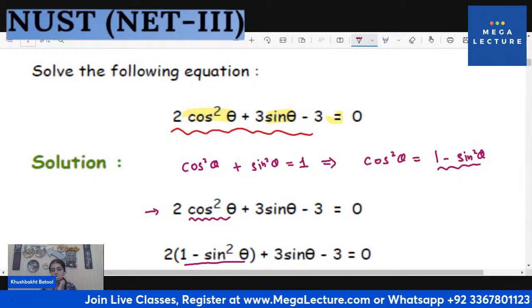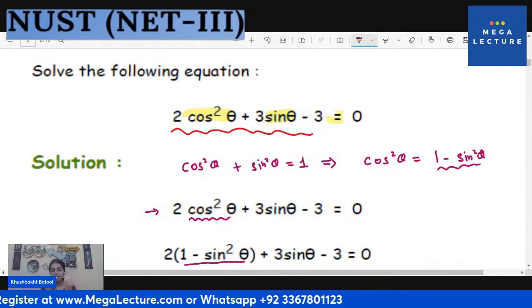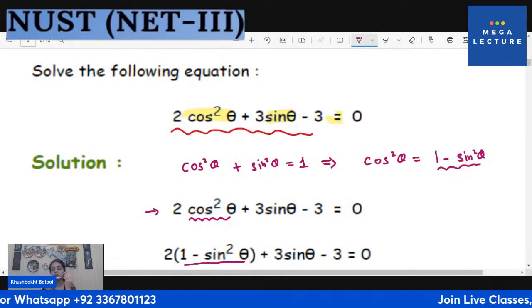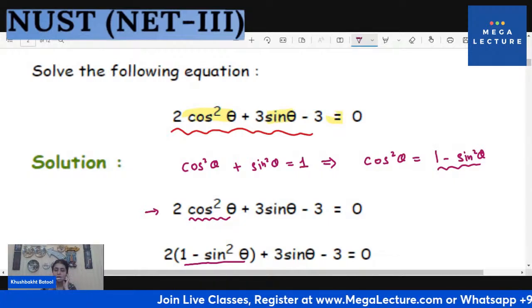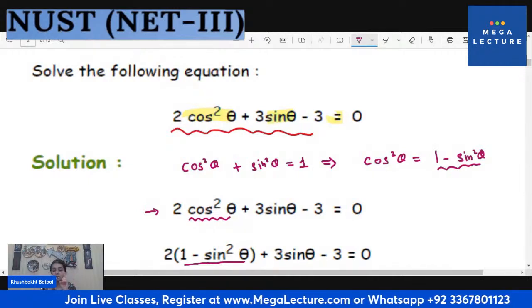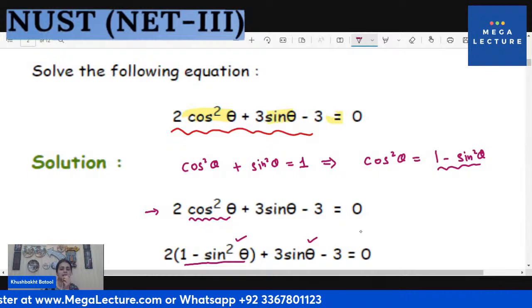You need to make sure that in any trigonometric equation, the trigonometric function should be the same, so you are able to simplify it. With two different trigonometric functions, you cannot simplify it, right? You need to have one same trigonometric function. So we have sine square theta and we have sine theta. Sine and sine are the same, so things are easy now.